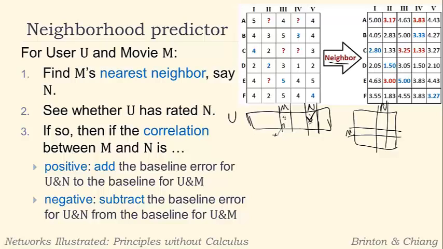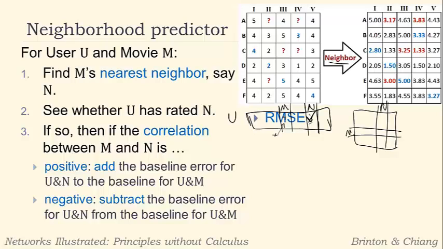We add if it's a positive correlation, we subtract if it's a negative correlation. But remember that we're adding and subtracting baseline errors to the original baseline because we're augmenting the original predictor, so it's incremental on that.